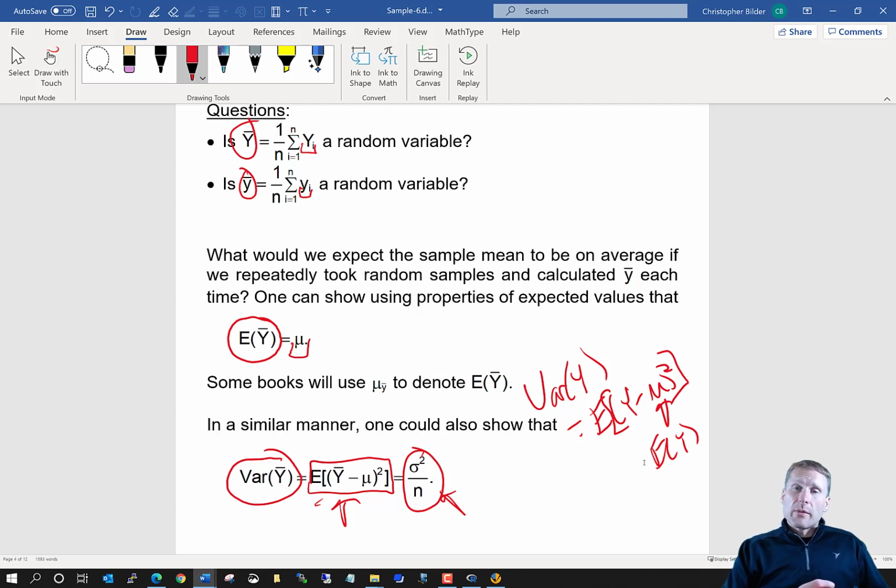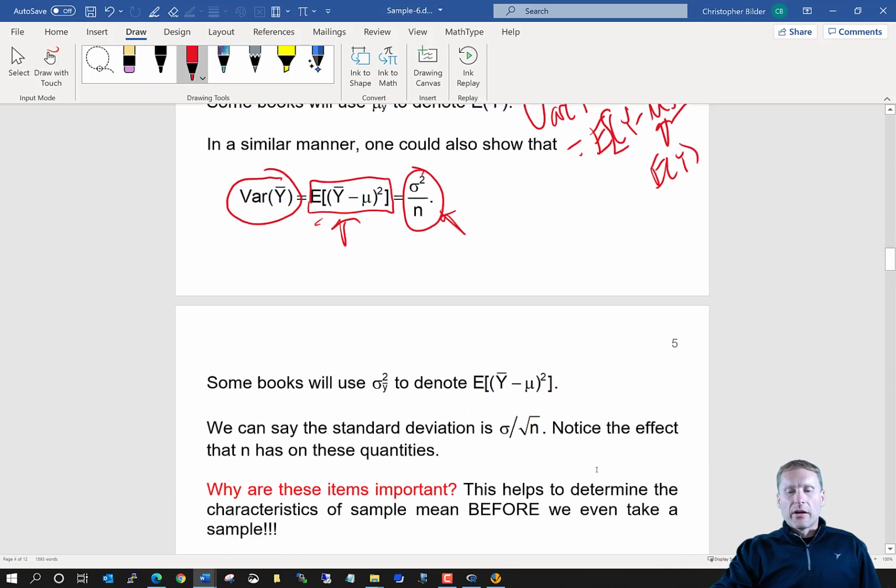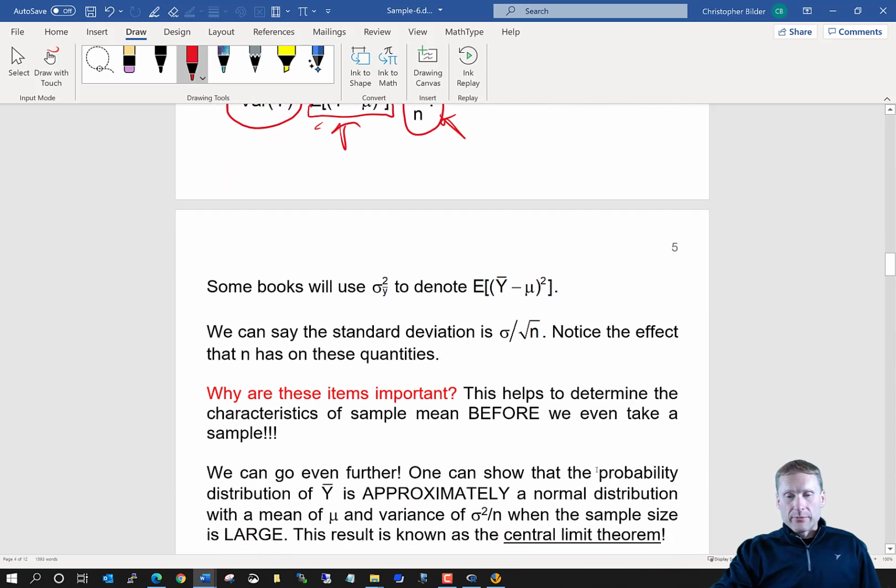And so there's going to be less variability of y bar with respect to mu's value. You're going to get a better result, and that's represented by having a smaller variance, just because you have more information as that sample size goes up. Again, a very interesting result.